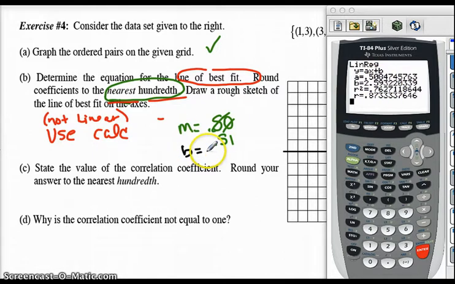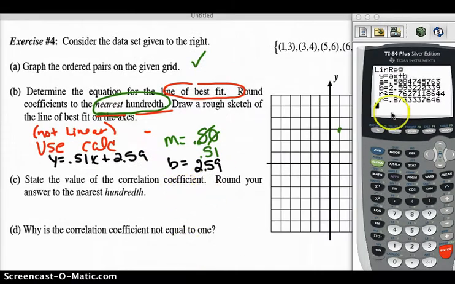Rounded to the nearest hundredth, we're going to use 2.59. Okay, so my equation is y equals 0.51x plus 2.59.